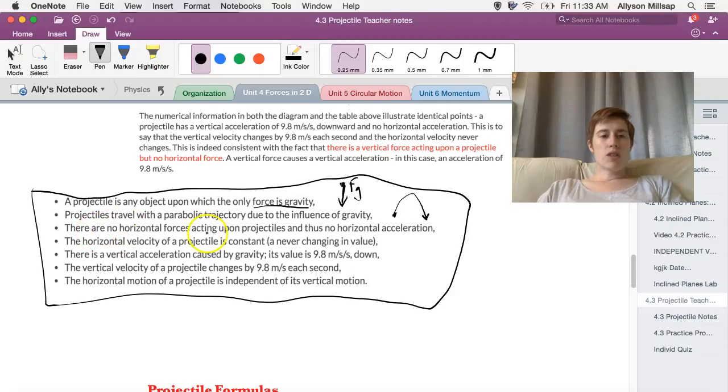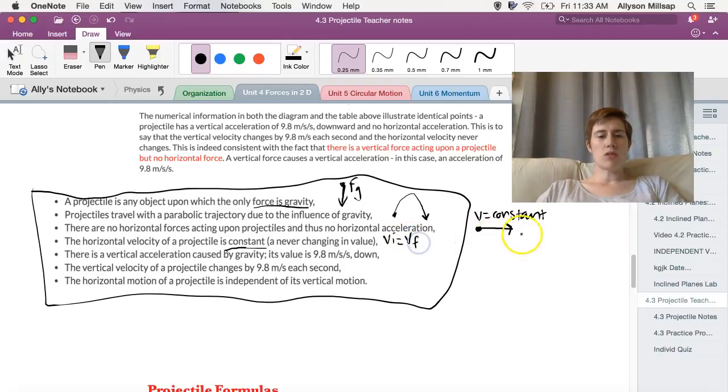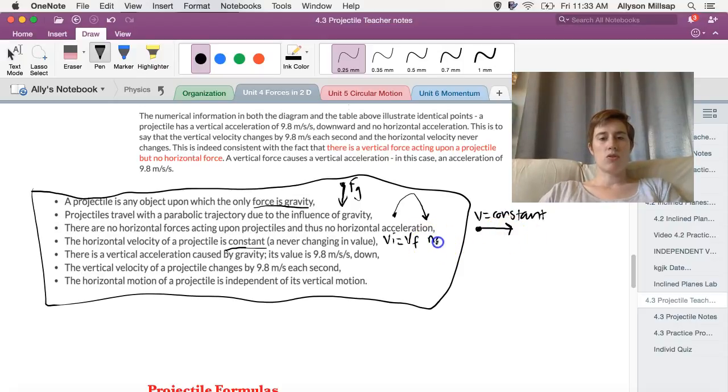There are no horizontal forces acting on a projectile, so there's no horizontal acceleration, which means velocity in this direction is constant because there's no horizontal force. Okay, the horizontal velocity of a projectile is constant. So your initial speed in the horizontal direction will equal your final speed in the horizontal direction because there's no change.